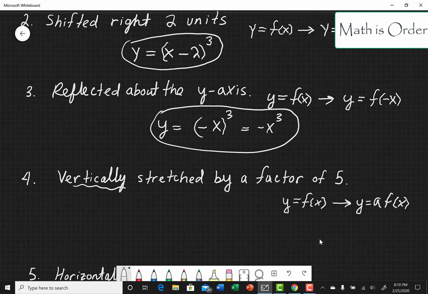So in our case, all we're doing is multiplying the original function by 5. So our final answer for this one is going to be y equal 5x cubed. Right, so this is like multiplying all y coordinates by 5.